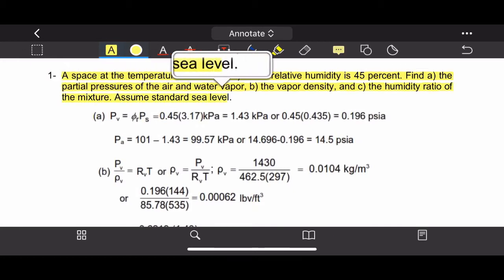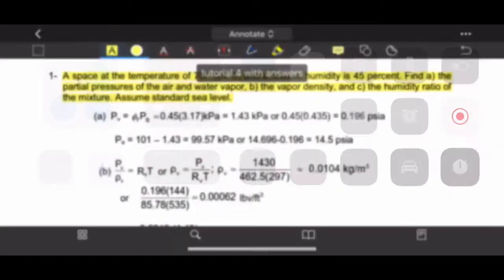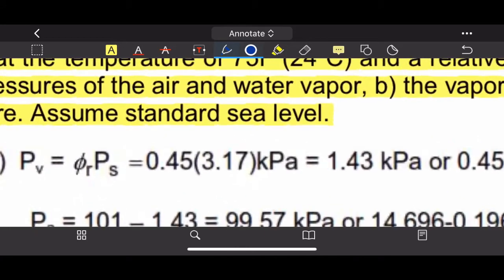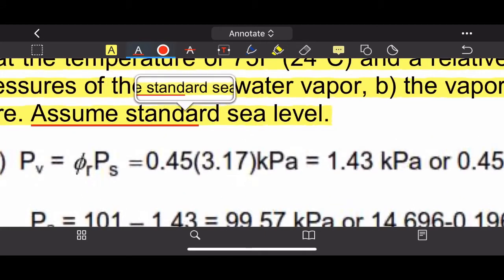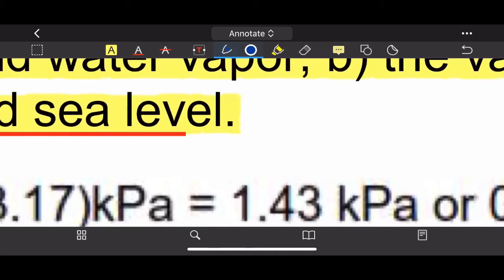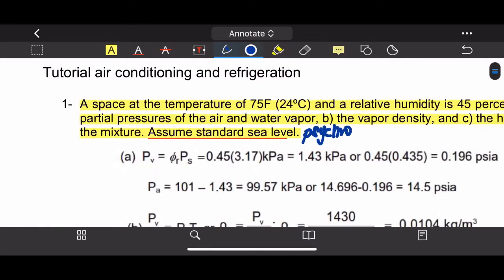Assume standard sea level. Now, first of all, notice that it used the words assume standard sea level. That means you can use the psychrometric chart which is available, that we have downloaded just now.